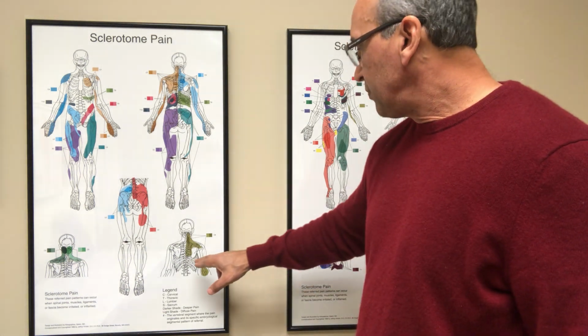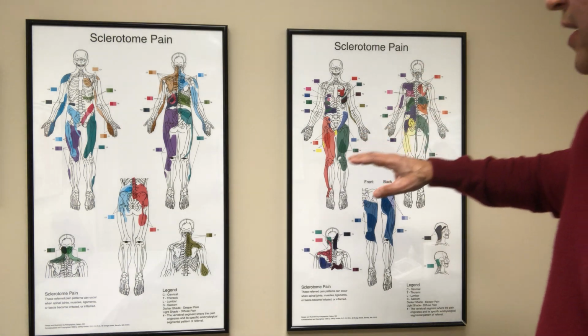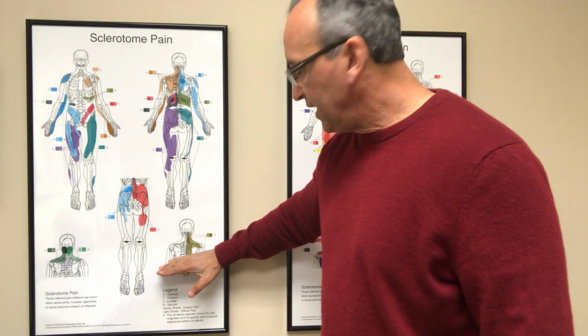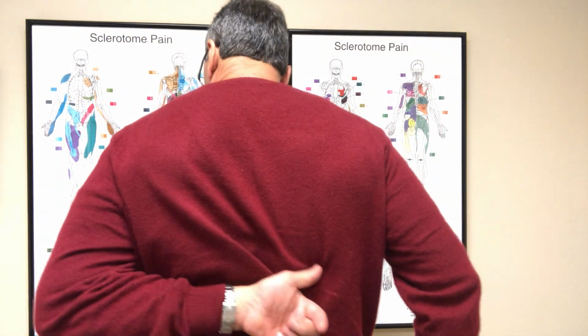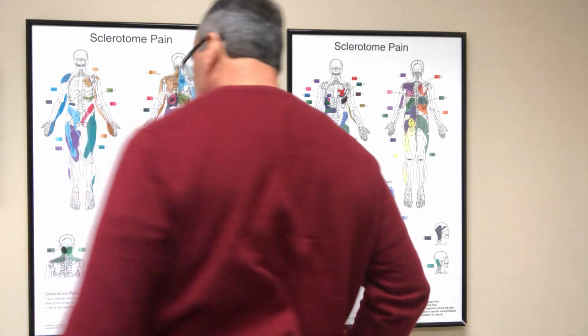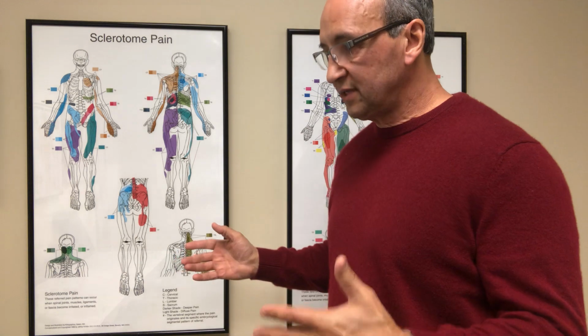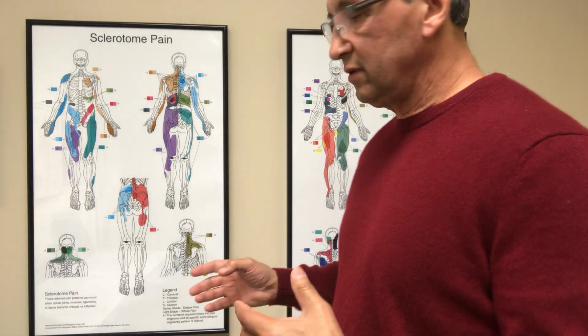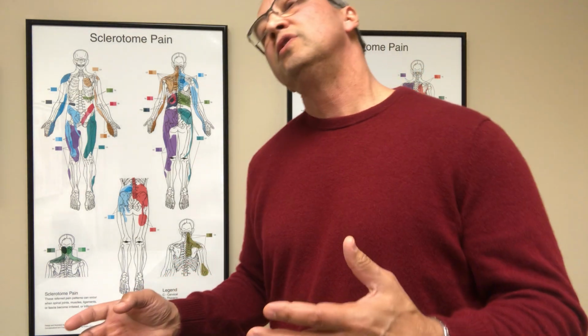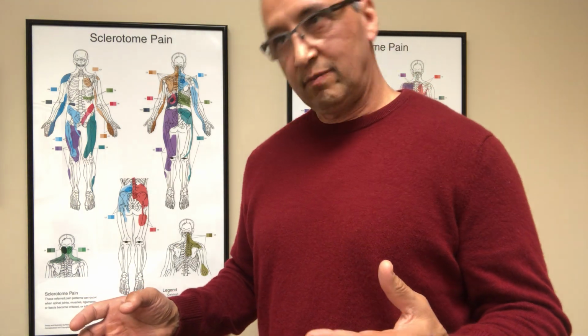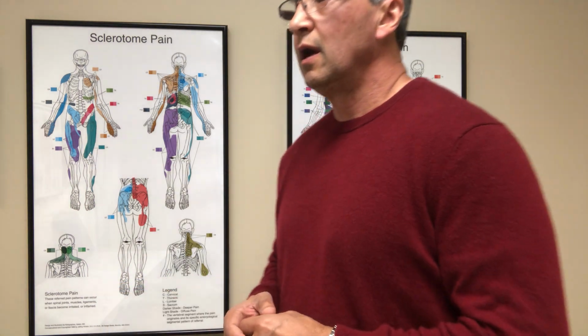But the point is that if you look at all this in aggregate, any pain from about the bottom of the shoulder blade up that you feel is most likely referred pain from a neck problem somewhere in the neck. There are different things you can do, like moving your neck in a way that provokes the pain. That helps us diagnose that the neck is the source of the pain.